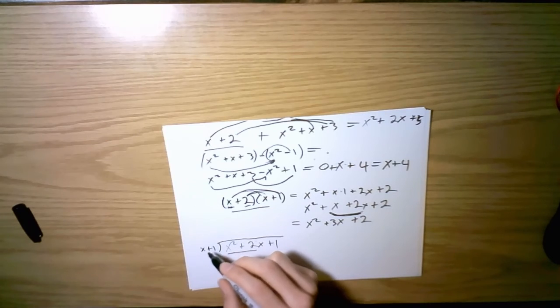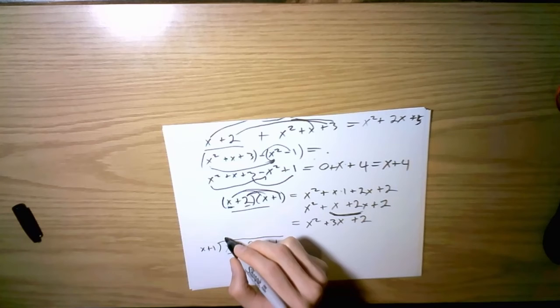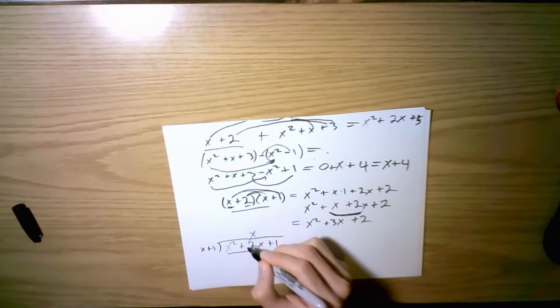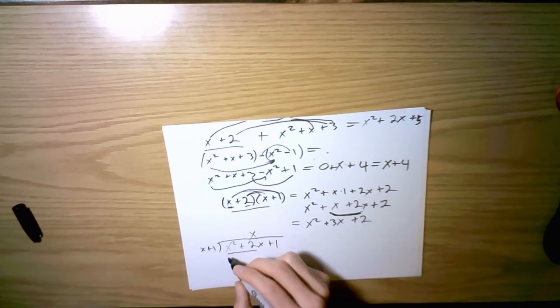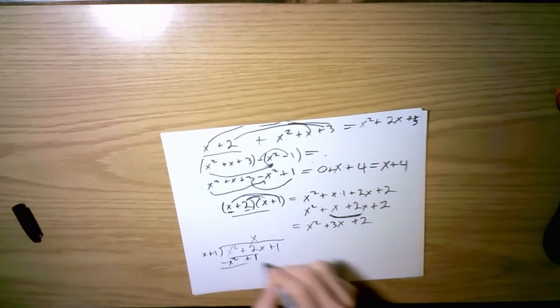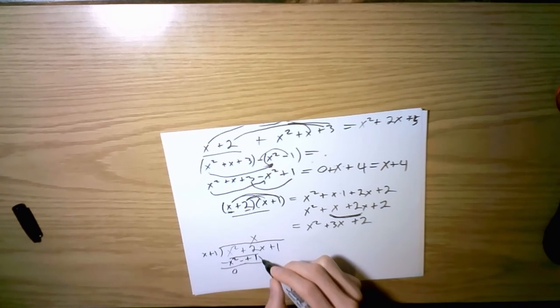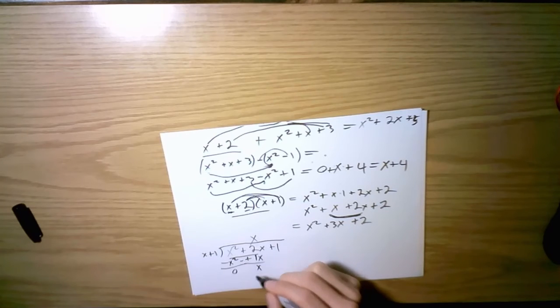So let's multiply it by x. So let's just put x right there. X times x plus 1, x squared plus x. Then you subtract that. So x squared minus x squared is 0. And then this would be subtracted as well. So that's 1x. So that would be x plus 1.